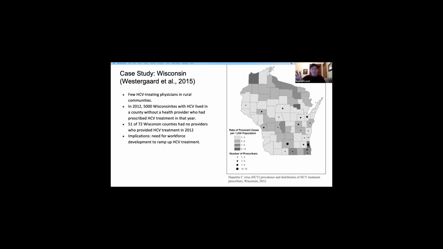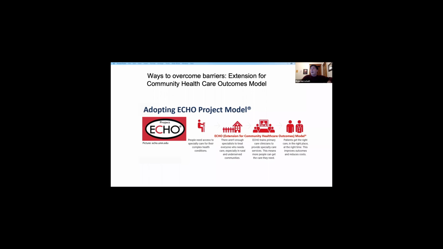These authors were saying there's a huge need to ramp up treatment of hepatitis C in rural areas, because there are whole populations that we cannot reach because there are no hepatitis C practitioners there. So how do you go about bringing providers to rural regions? It's a huge problem throughout many conditions. The University of, I believe it was New Mexico, has this model, the ECHO model.